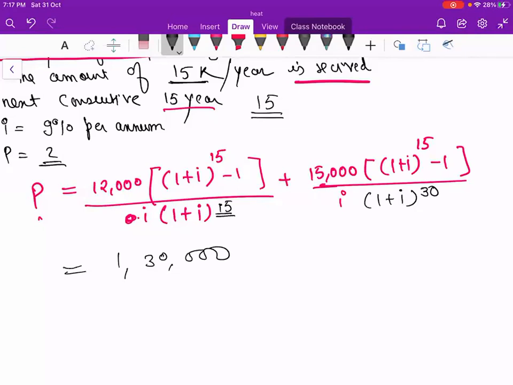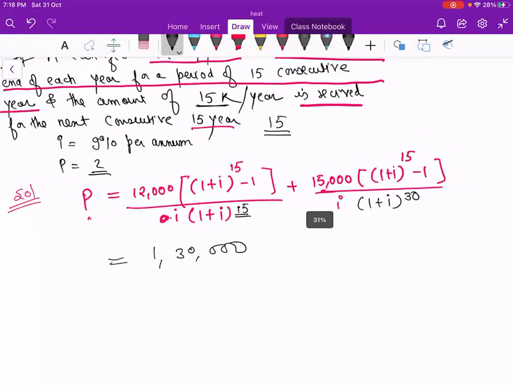The answer is coming correct. See here, 1,30,000. Yes or no? Tell me fast. Then I will again explain the solution.